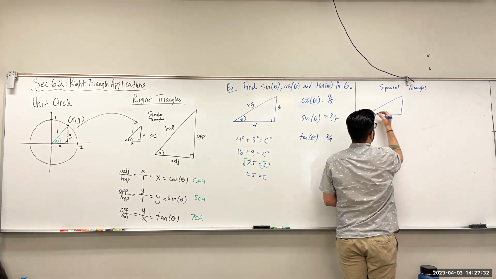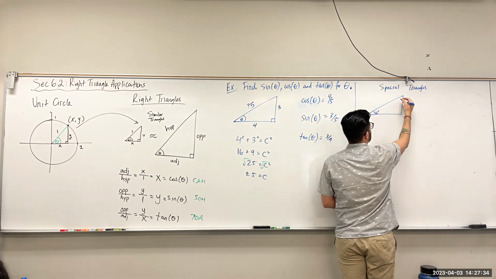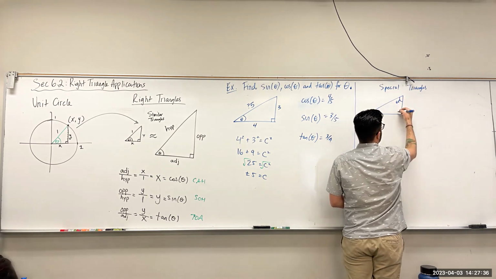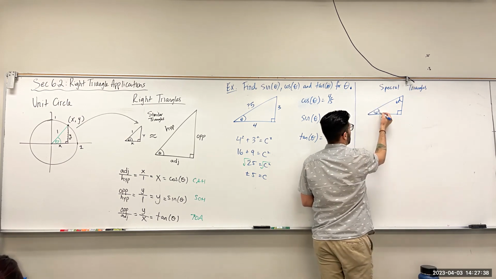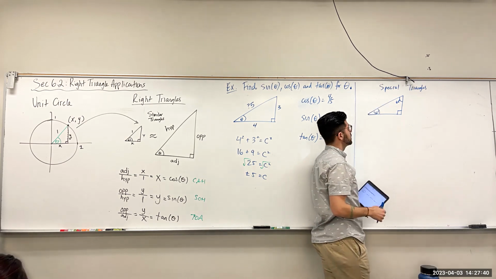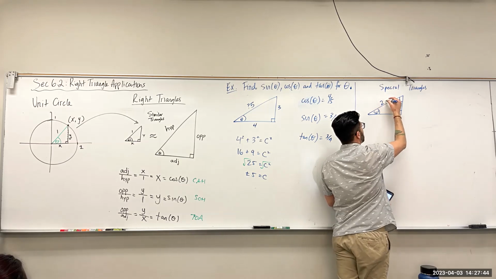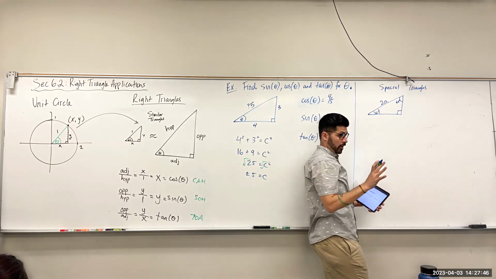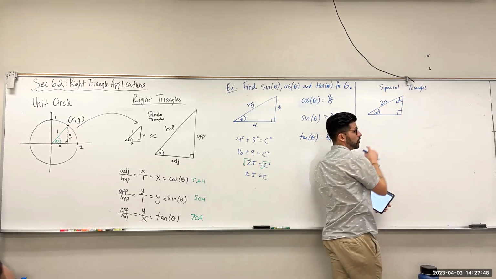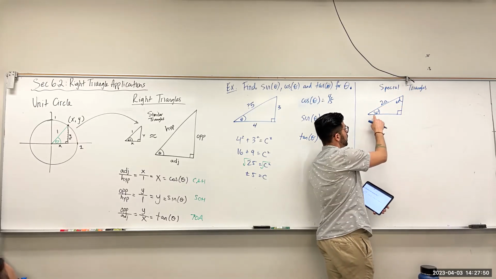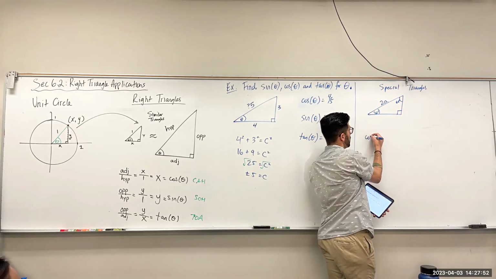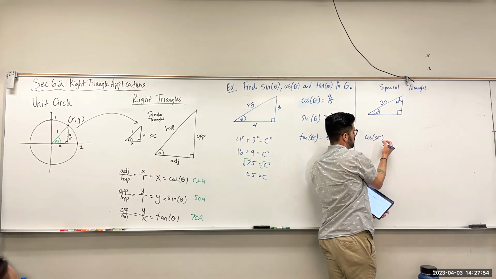So if I have 30 and 60 here, right? And I wanted to figure out those lengths, I guess I'm just going to label what I think you're asking. You're saying if the hypotenuse is 2a, okay? What should cosine of 30 degrees be?